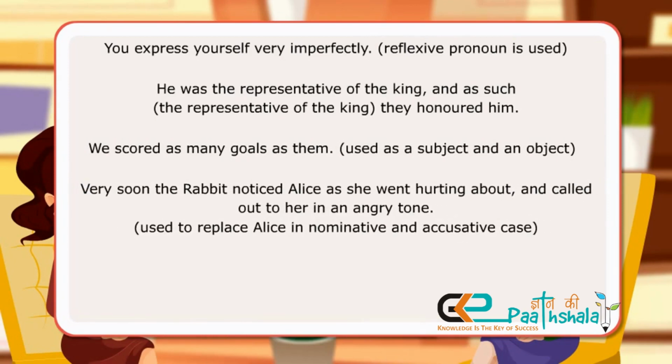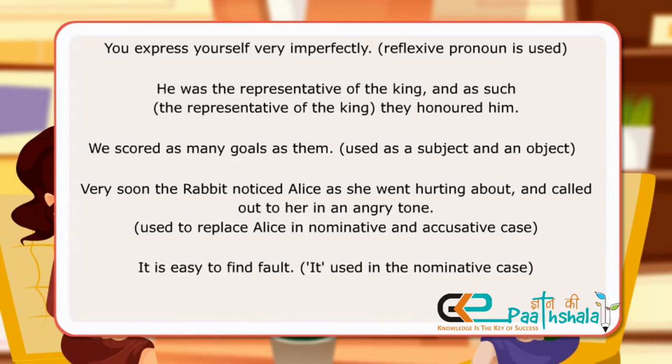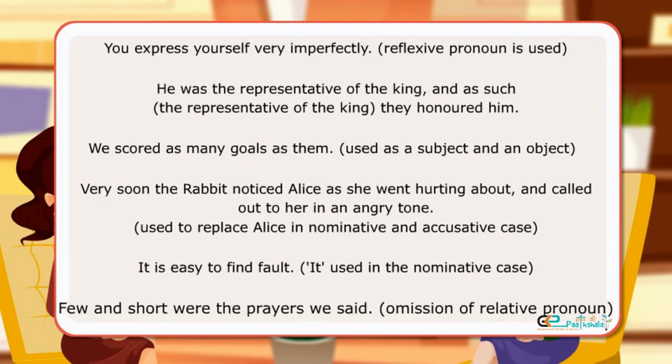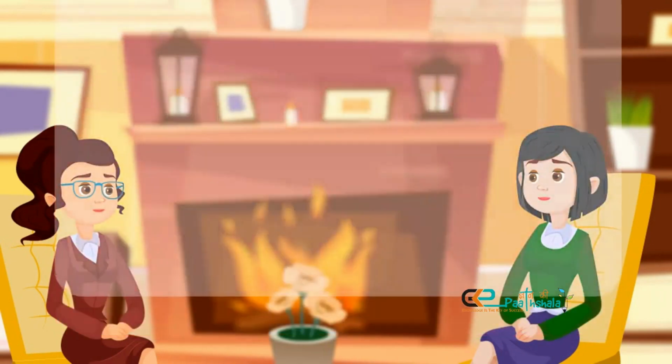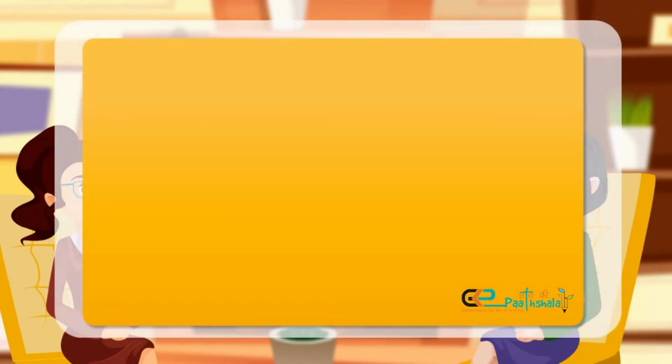Very soon the rabbit noticed Alice as she went hurrying about and called out to her in an angry tone. Used to replace Alice in nominative and accusative case. It is easy to find fault. It used in the nominative case. Few and short were the prayers we said. Omission of relative pronoun.